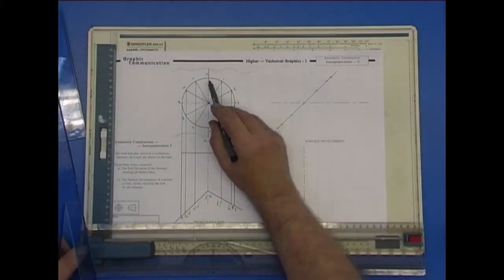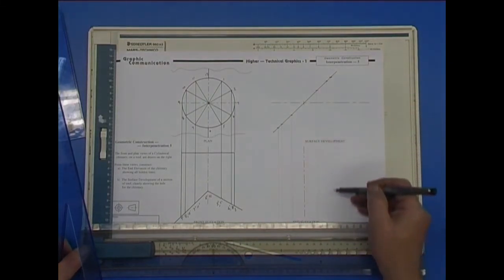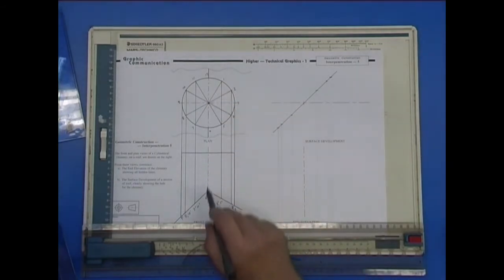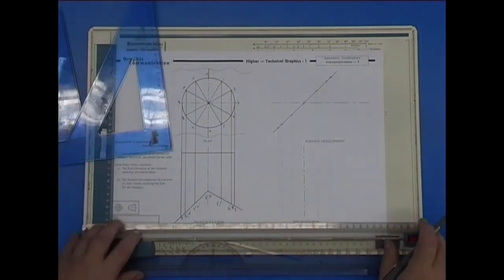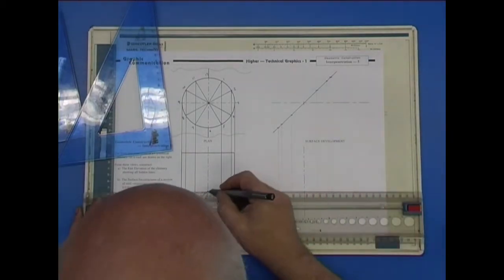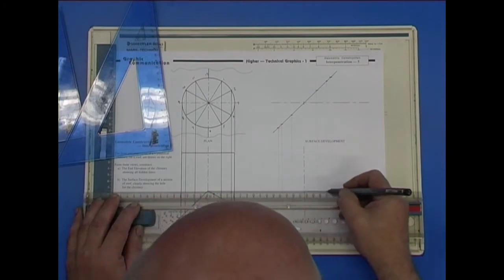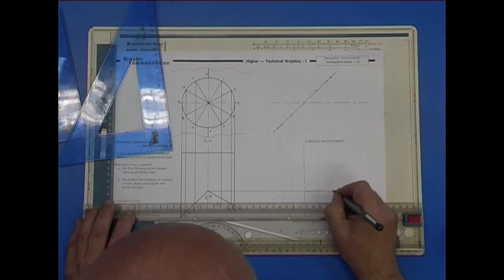So point 12 at the back is down this line somewhere. Where we look here, line 12 down there, so along that line. So where that line meets line 12, we've got a point.